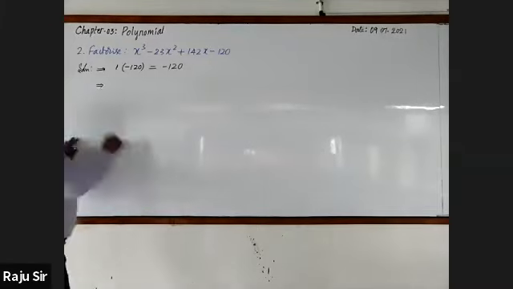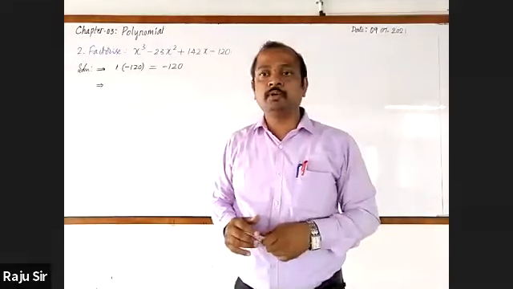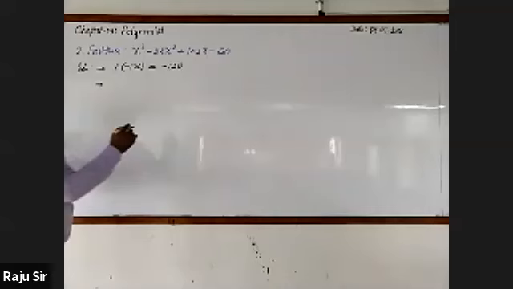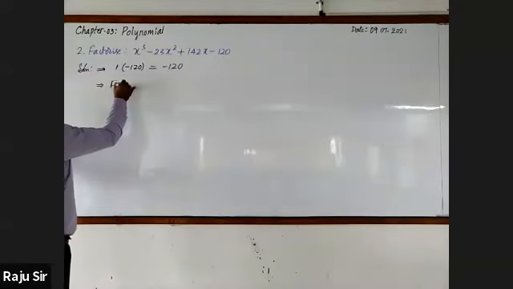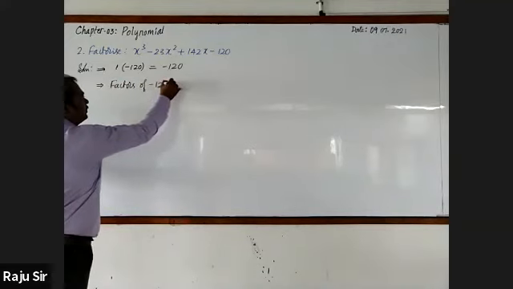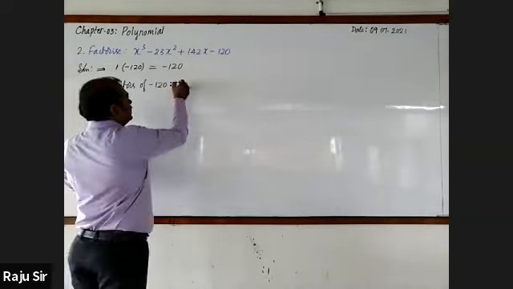Next, Prithvi, could you tell what is the next step to be followed? Factors of minus 120. Very good. Write with me. Factors of minus 120. Let us write a few of them. Plus or minus 1.